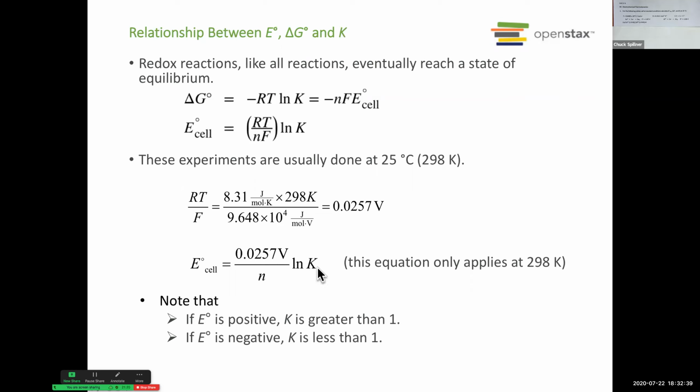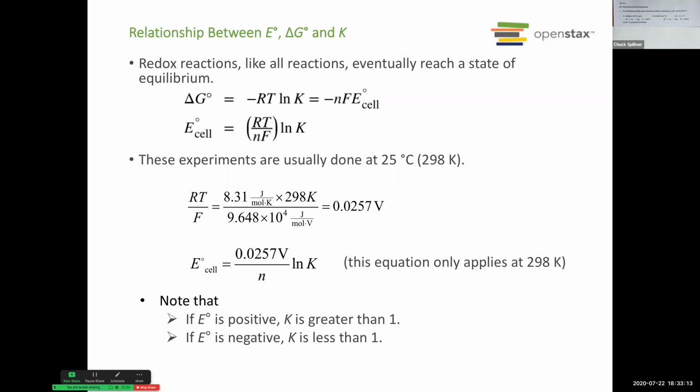So K greater than 1 represents a spontaneous reaction, and an E naught cell greater than 0 also occurs with a spontaneous reaction. On the other hand, if the cell potential is negative, then the reaction is not spontaneous as written, but the reverse reaction is. Remember that, you can always write it the other way and it would be spontaneous.